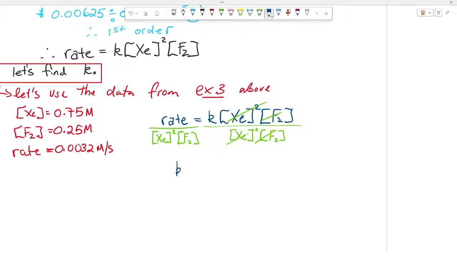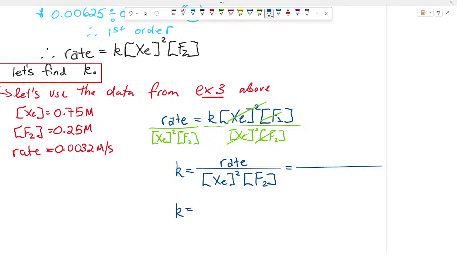You cannot do advanced science without having decent algebra chops. 0.0032 molar per second divided by 0.75 molar squared.